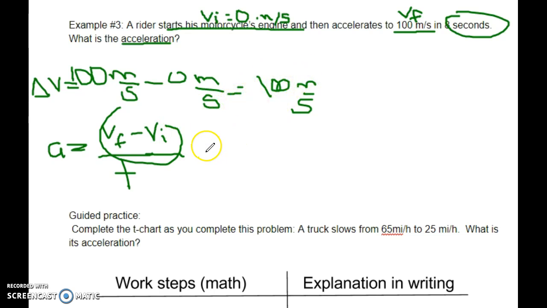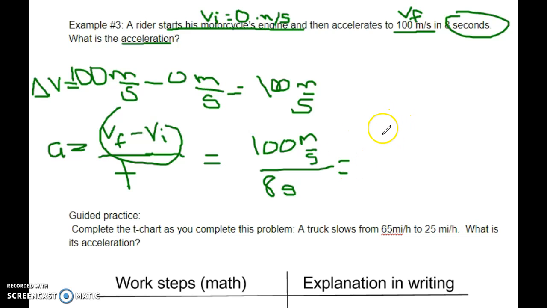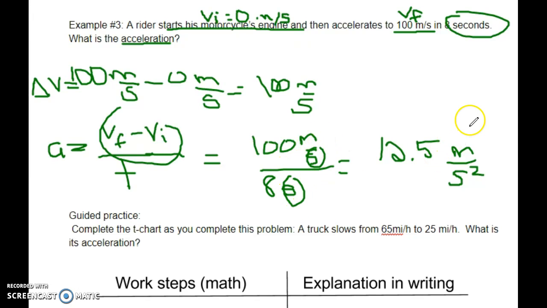And then we're going to take that answer, which is the 100 meters per second, and divide it by our time, which is 8 seconds. And when you divide that, you get your 12.5 meters per second squared, because I have seconds on the bottom here, seconds on the bottom here, which is my meters per second squared.